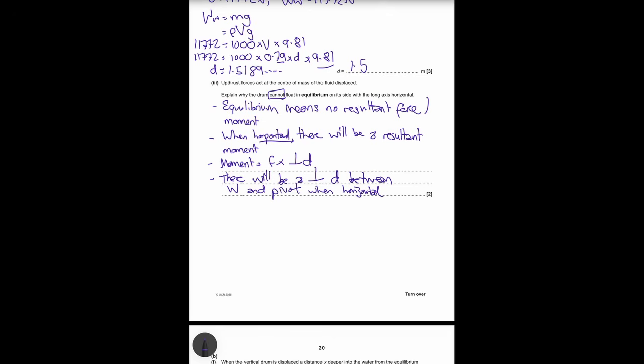Because the pivot you can take as being the upthrust, and they're not going to be at the same point, so there's going to be a distance between them that's going to create a pivot. So therefore, that's going to cause a net moment. And just to be extra safe, I can say W and U are not acting in the same line, which causes it to pivot.